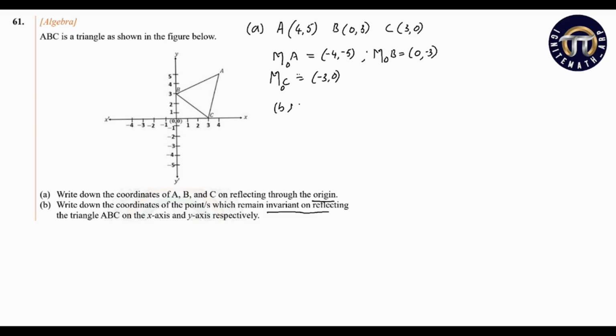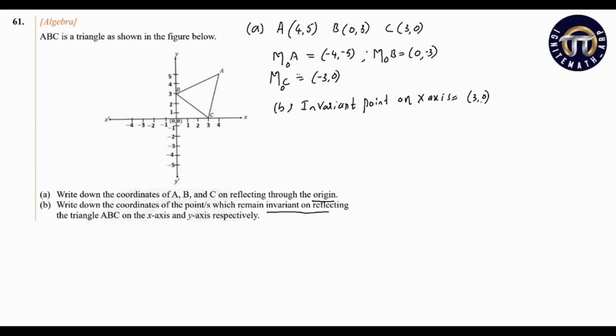Now, invariant points, you must know what they are. Invariant points are those whose reflection remains the same as the original point. When reflected on the x-axis, it is 3 comma 0.